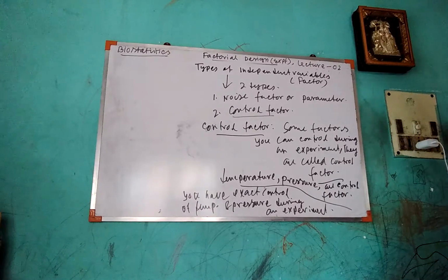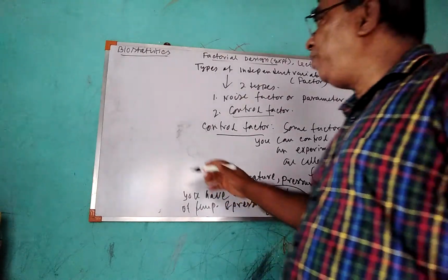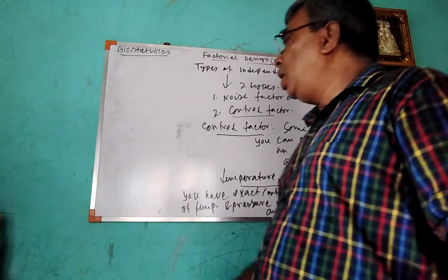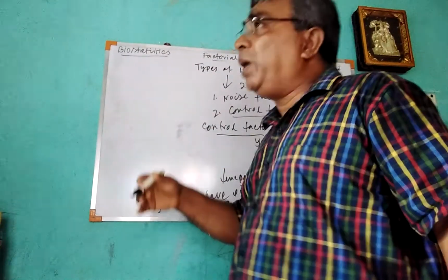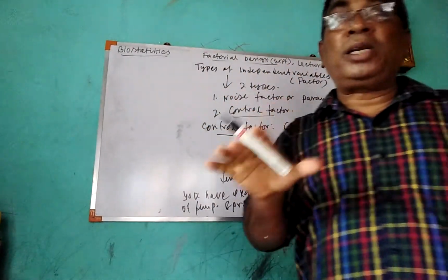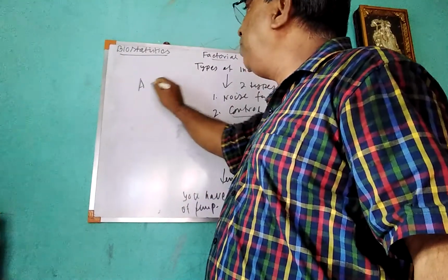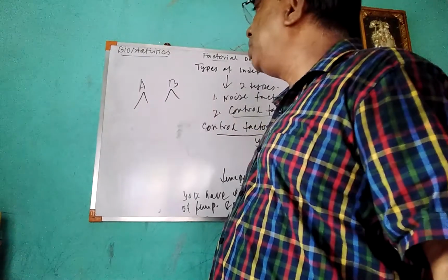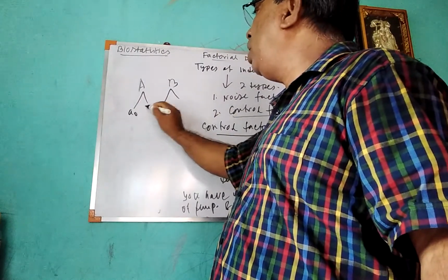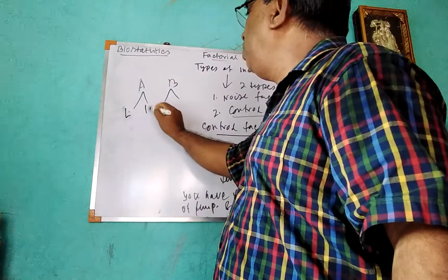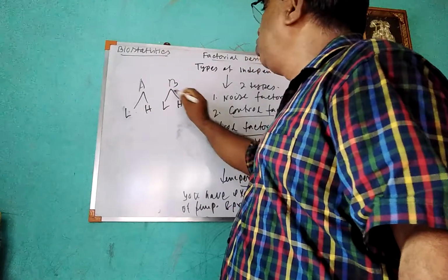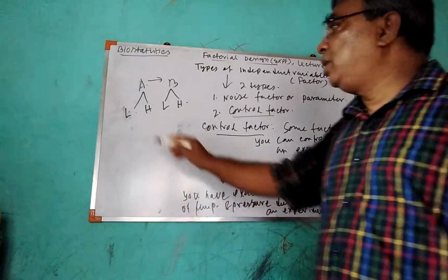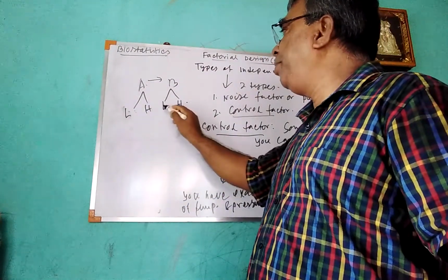For factorial design, at least two factors are needed, and each factor has some levels. Suppose factor A and factor B, each having two levels, lower level and higher level. Here A and B are two factors, and these are the levels: lower level, higher level.